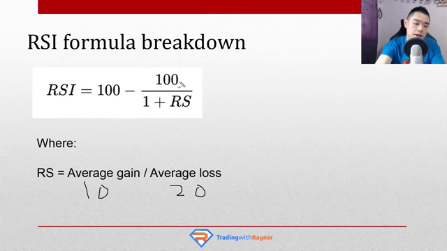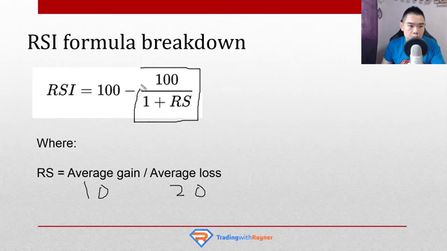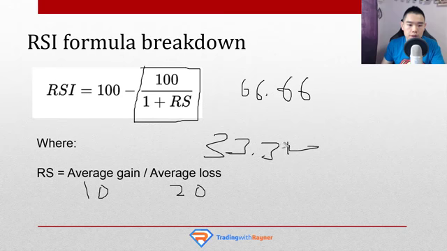Having a calculator here, it tells me that this portion is 66.66, or 67. And you take 100 minus 66.66, you get a value of 33.34. This tells you that the RSI value is 33.34.